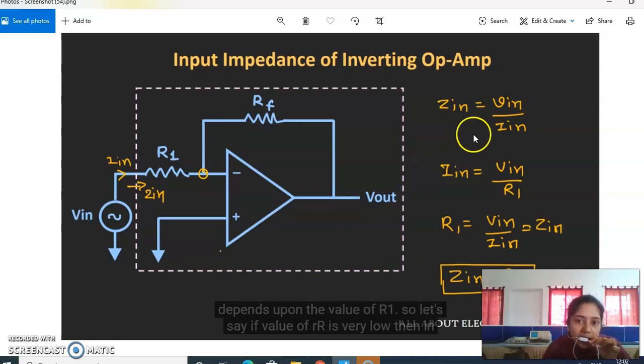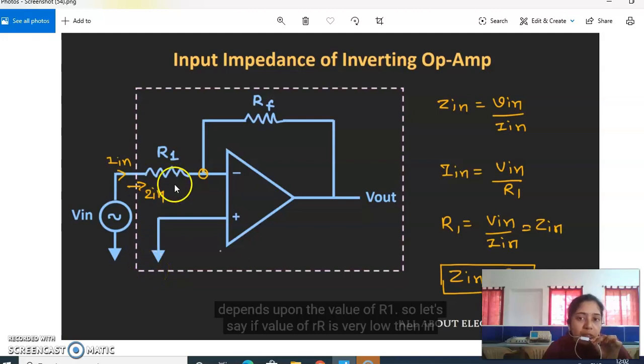Here Zin is the input impedance of the inverting op amp. Now we are going to calculate the input impedance of the inverting op amp. This is the configuration of the inverting op amp, because we are applying the input at the inverting terminal of the op amp and the non-inverting terminal is connected to ground.